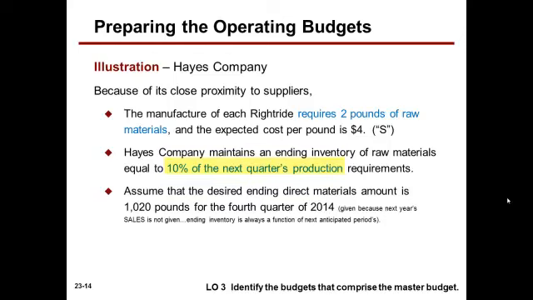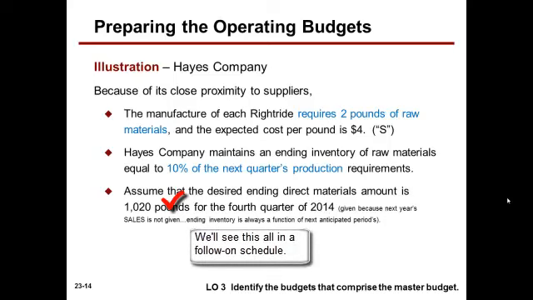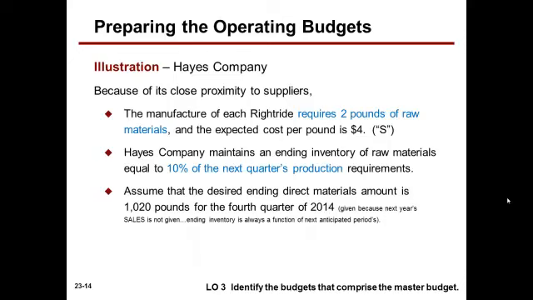Now, Hayes maintains an ending inventory equal to 10% of the next quarter's production. We're also going to assume that the desired ending inventory of direct materials is 10,020 pounds for the fourth quarter of 2014. That's going to be given because we don't have the next year's sales forecast to back into it. That'll just be a given.